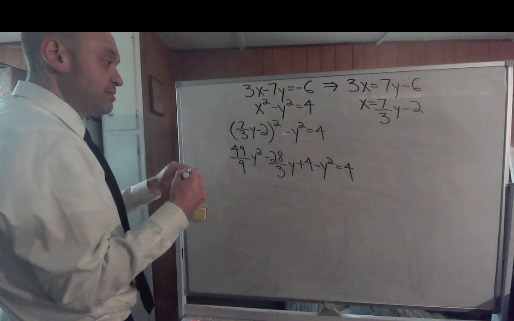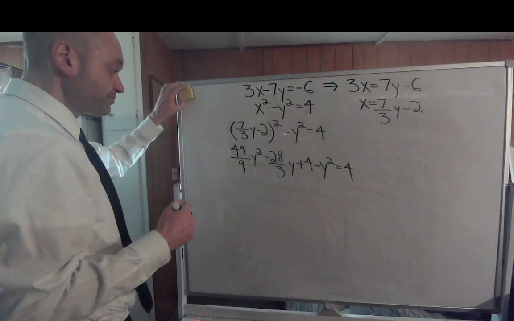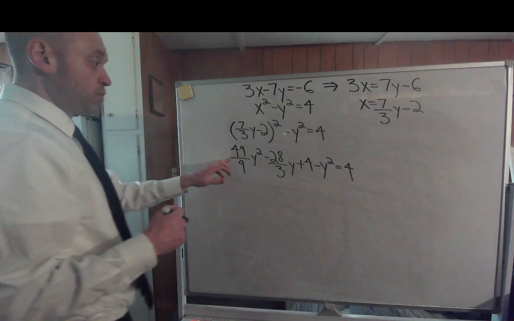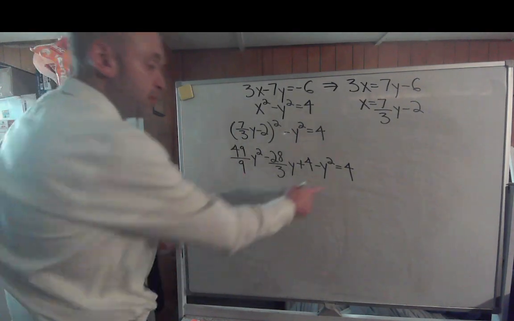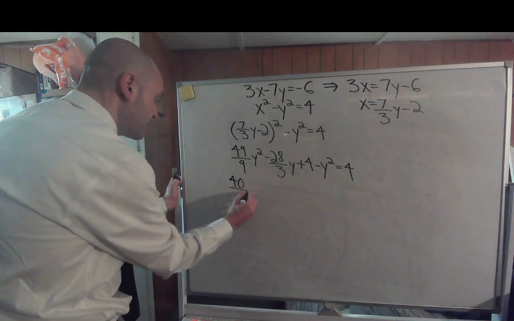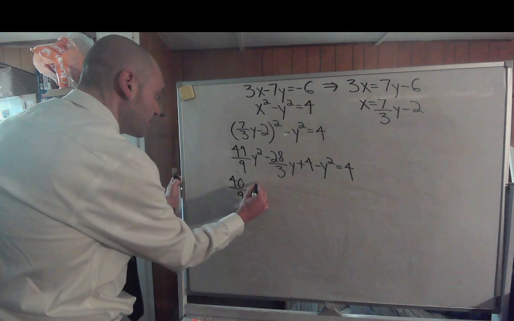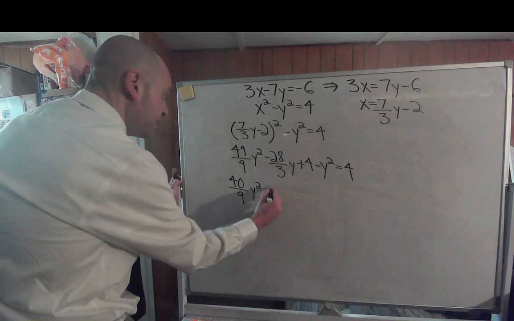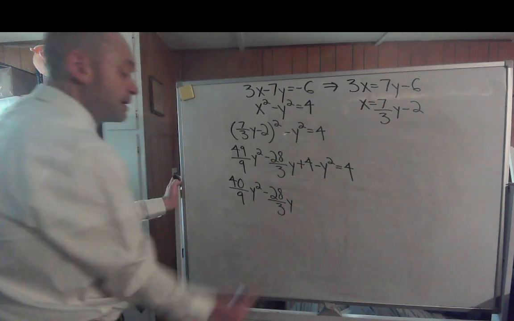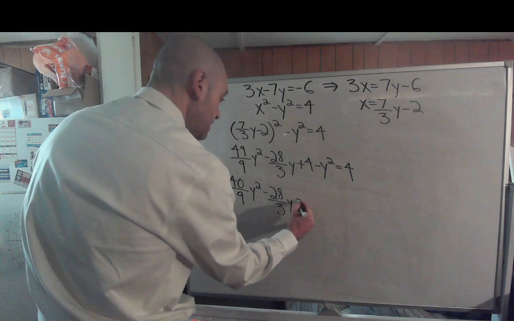That just got very messy very quickly. Well, all right, so 49/9 y squared minus y squared would just turn into 40/9 y squared minus 28/3 y equals 0.